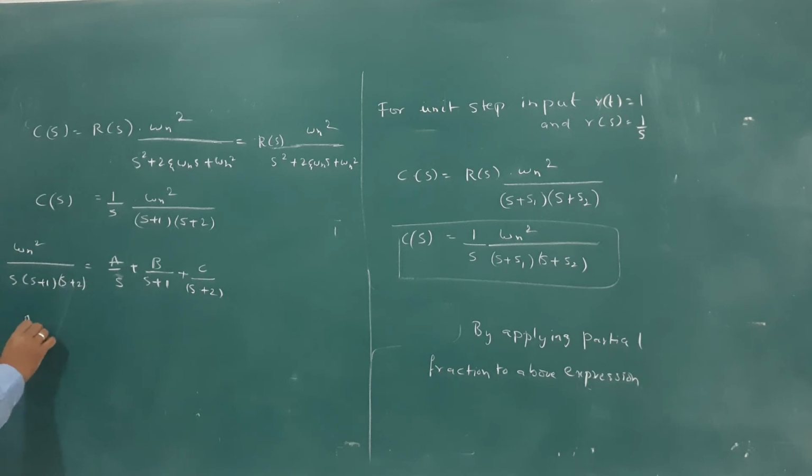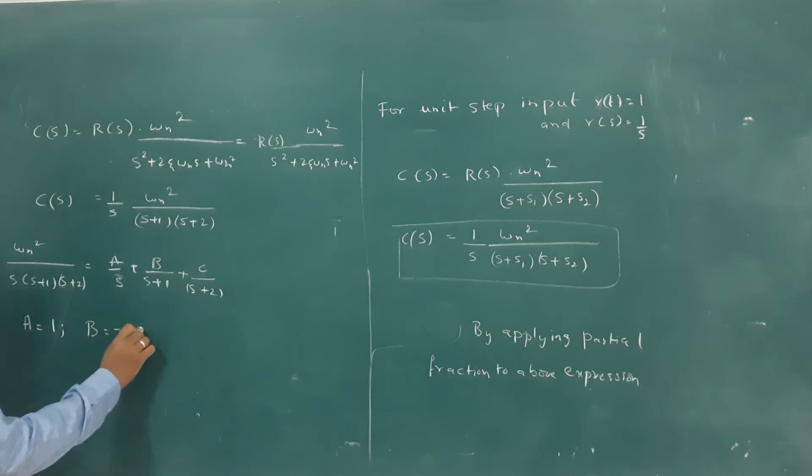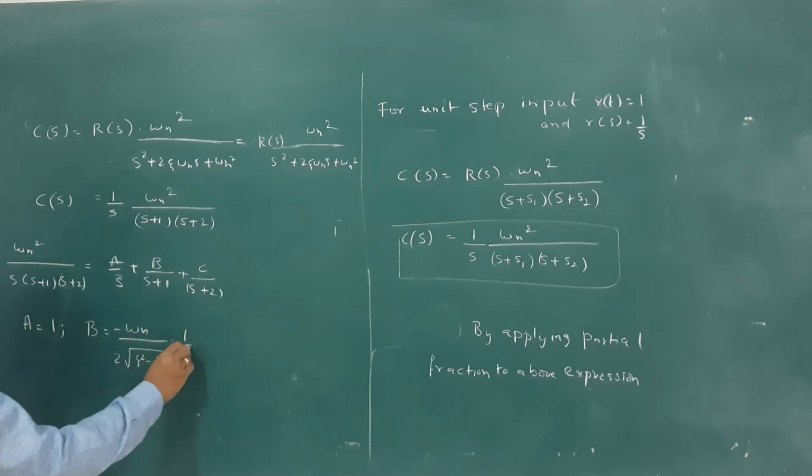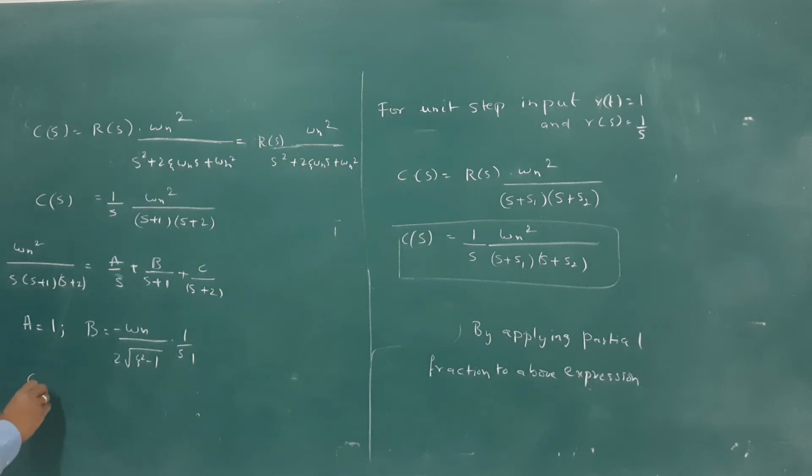And a is equal to 1, and b is equal to minus omega n divided by 2 into square root of zeta square minus 1 into 1 by s1, and c is equal to omega n divided by 2 into square root of zeta square minus 1 into 1 by s2.